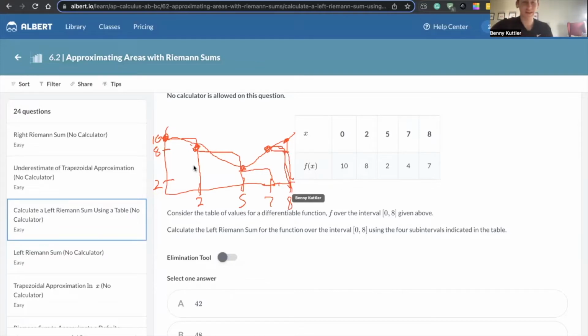Okay, so now what we need to do is find the areas of each of these rectangles. It's a little tedious, but College Board wants to show that you can't just use the shortcuts that are coming up later, that you can actually apply what the ideas mean.